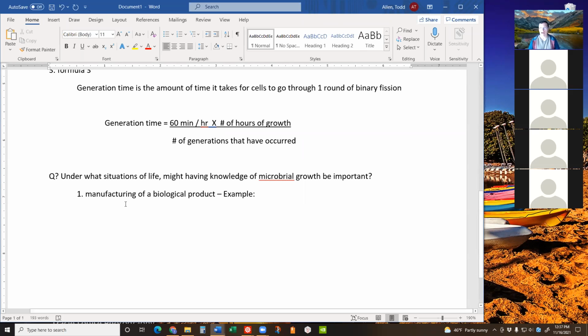Example, Anheuser-Busch, the giant beer company, brewery. They really got to know how the yeast are growing when they're going to ferment the malt and everything that goes into making beer. So manufacturing a biological product like beer, super important to know something about microbial growth, okay?